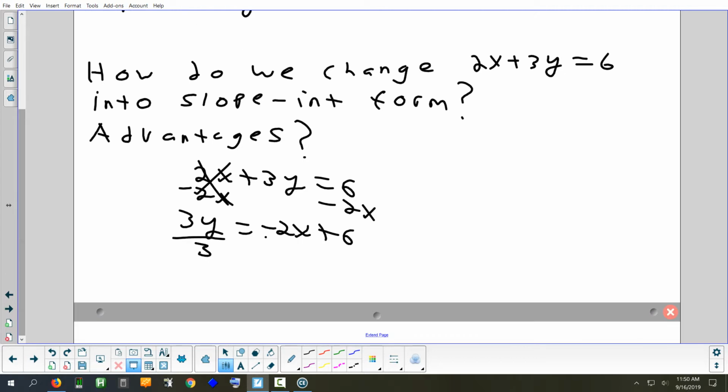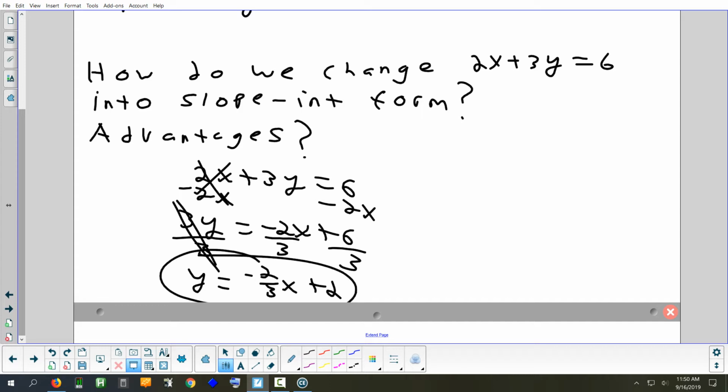But the point is, why am I doing this? Why would I want it to say y equals negative 2/3 x plus 2? Why is what I circled better than what I started with? It's the same thing. I just moved stuff around. Yeah, it's nicer to look at.